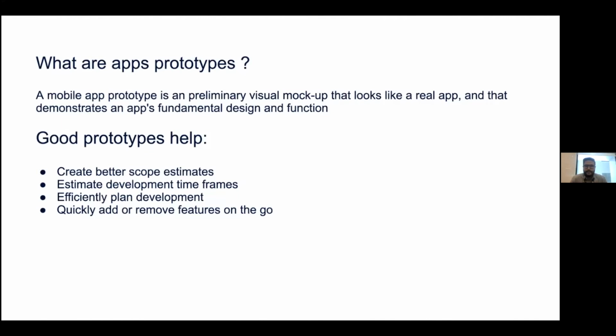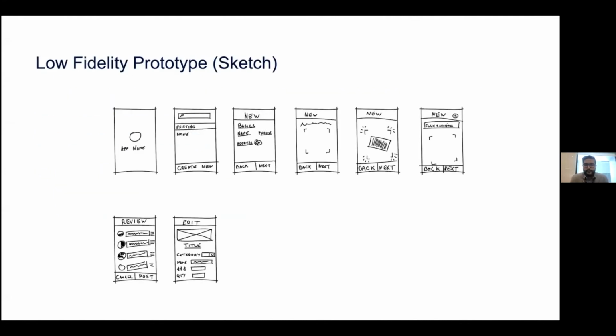You can estimate from those designs and prototypes what things are required from, let's say, third parties. It gives you very good ideas, and there are multiple types of prototypes and multiple ways to do that. The first one is the low fidelity prototype.